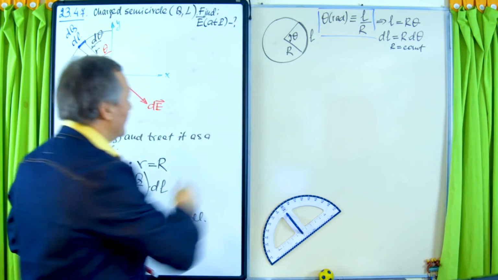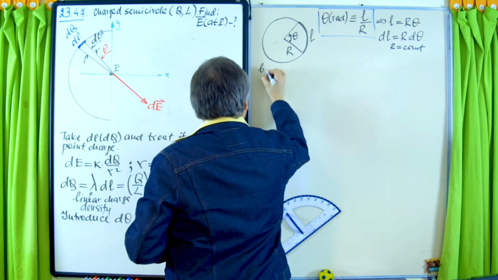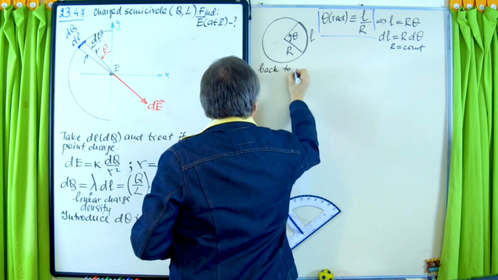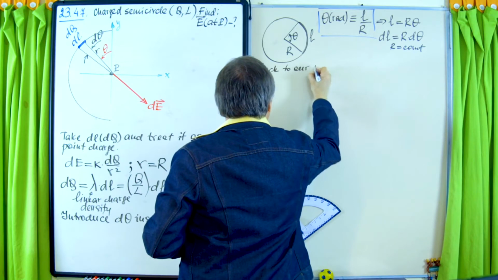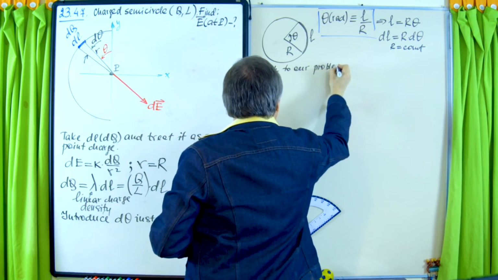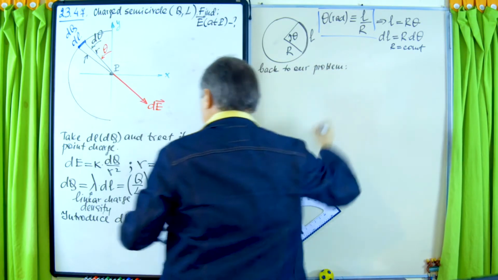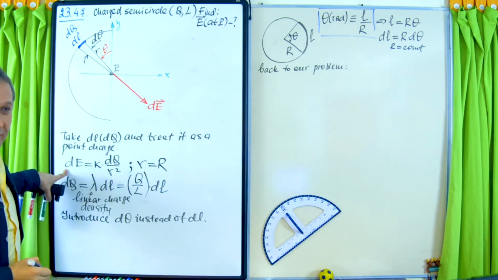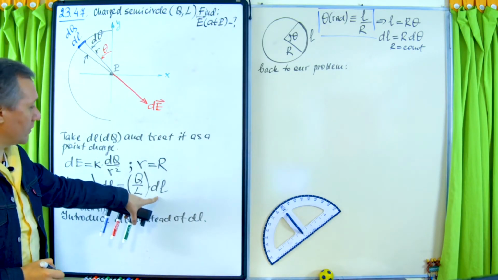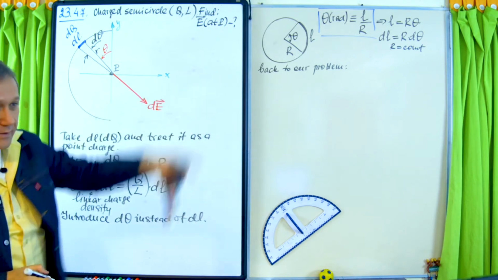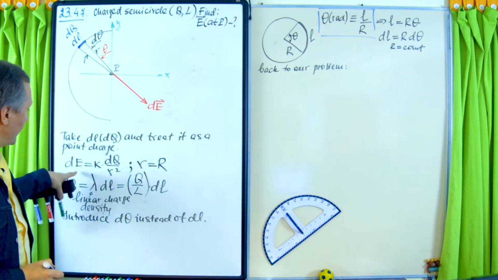All right? So now let me write back to our problem. Now let me write dE. So now we know how to write dl in terms of theta, and so now let's put it all back into dE.